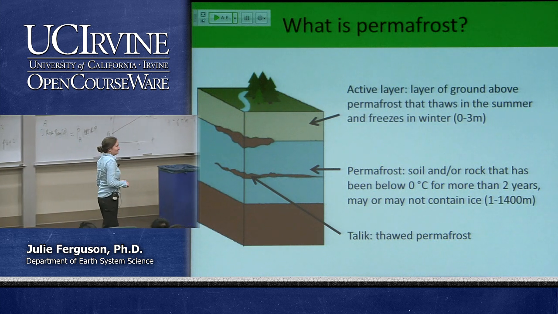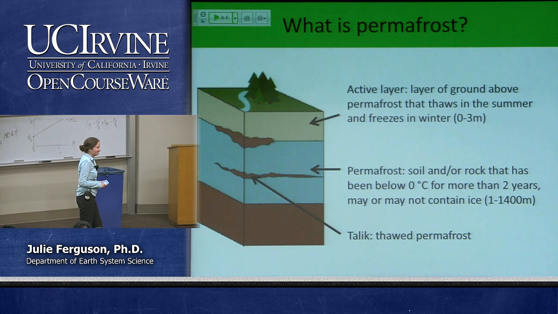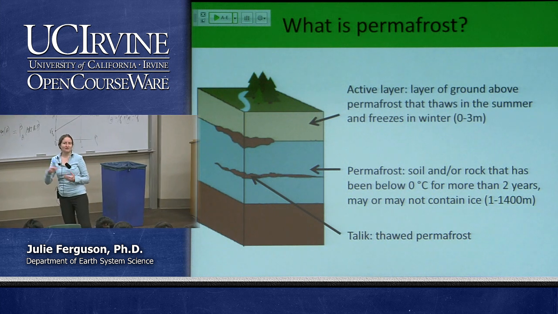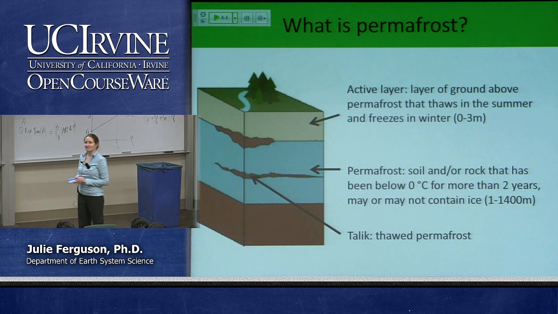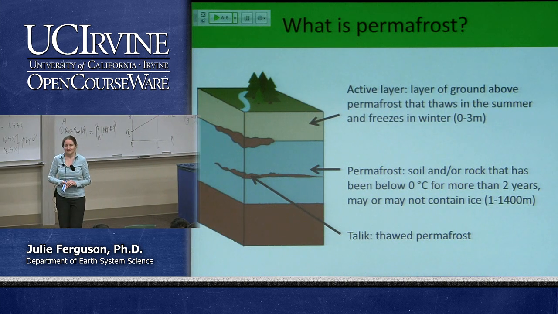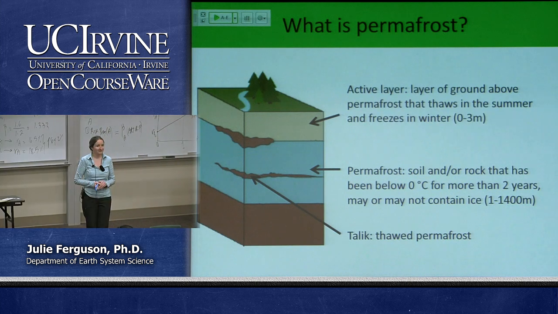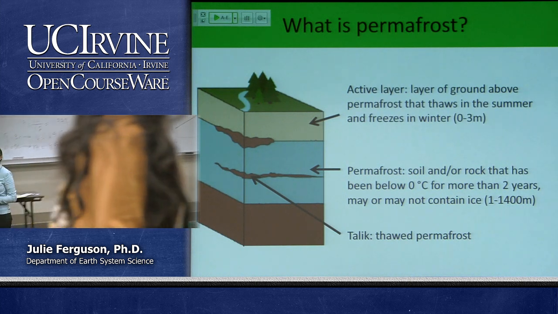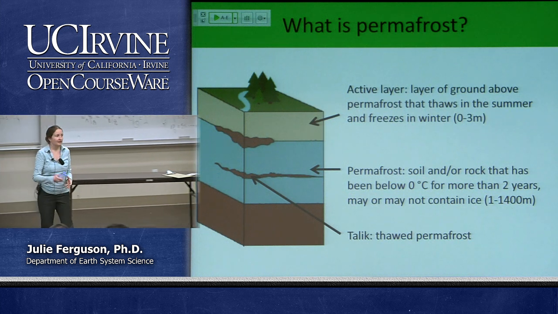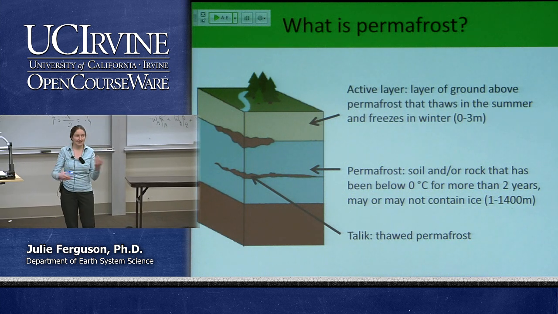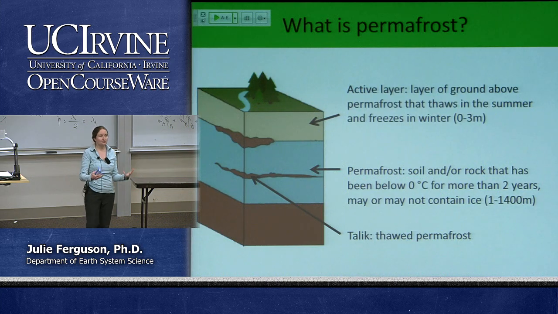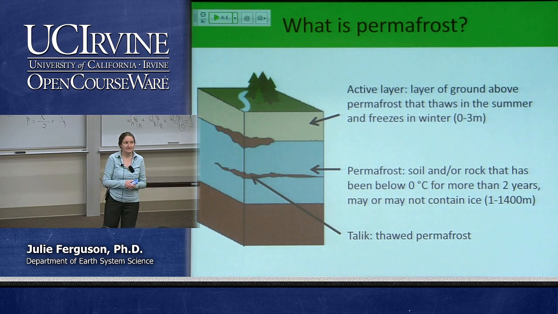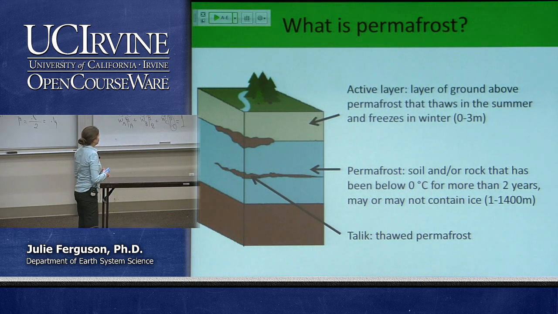Because it's melting, and what does the fact that it's above 0 degrees Celsius allow us to have going on? Life, absolutely. We have active life processes going on there. So we have plants growing in it, we have microbes that break down organic matter. We have active processes going on in that layer, at least in the summer, and then it freezes again in the winter. So that's our active layer.